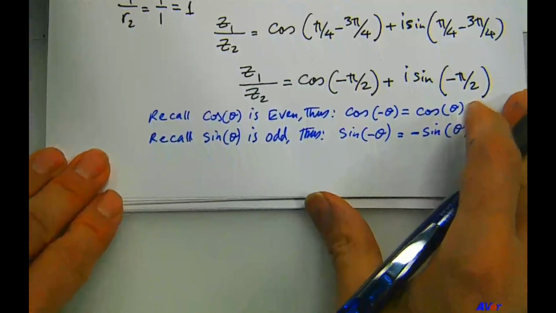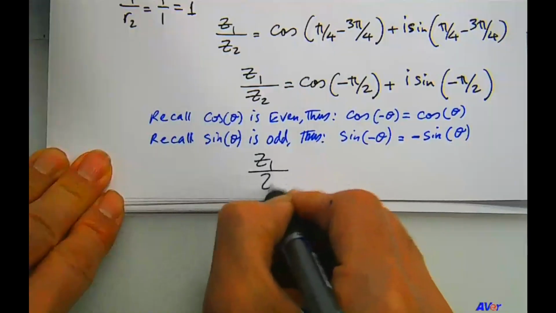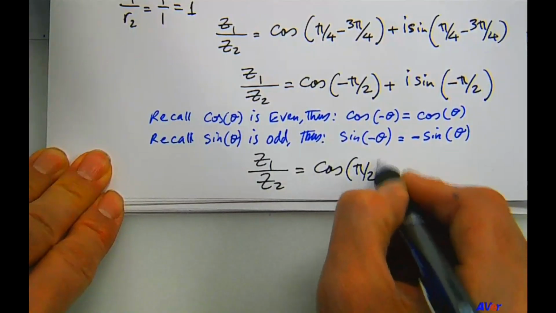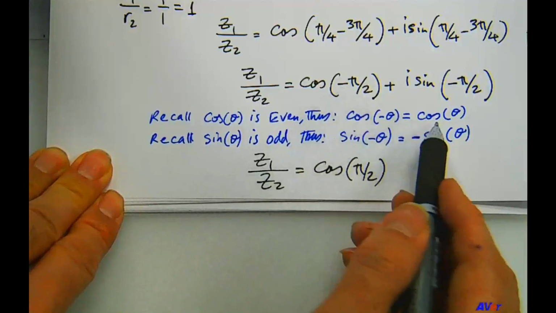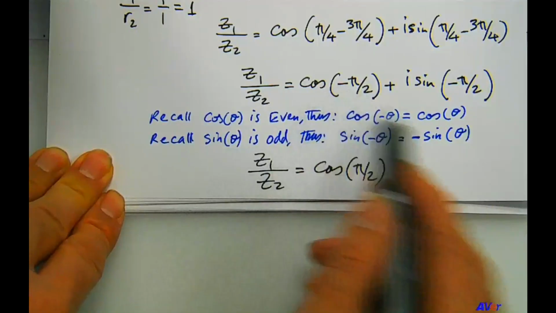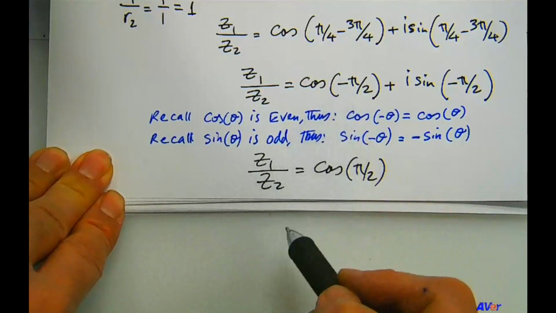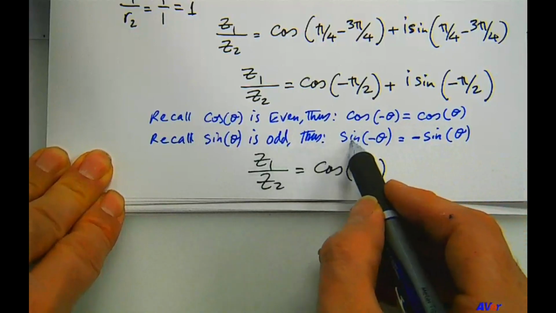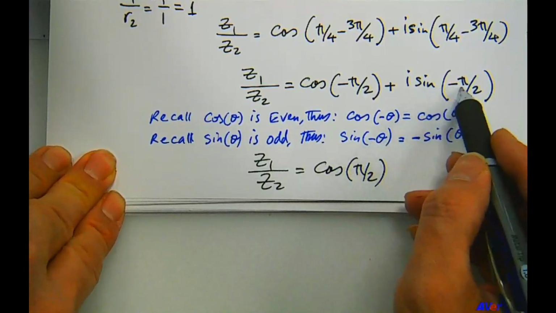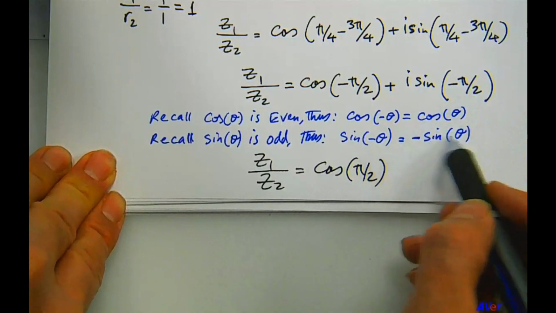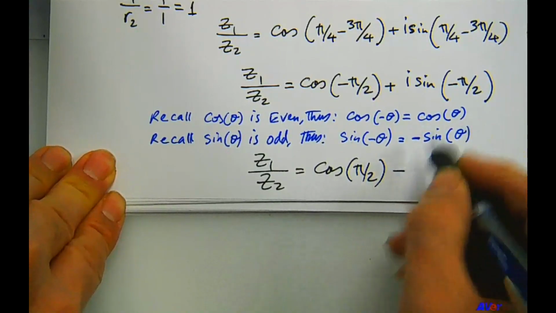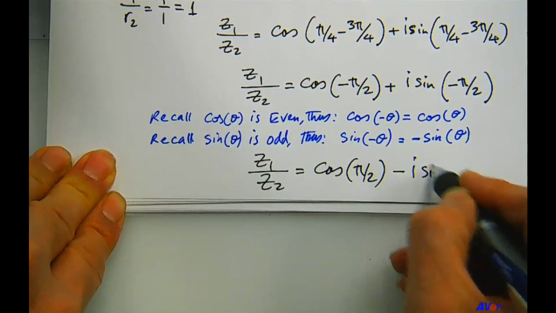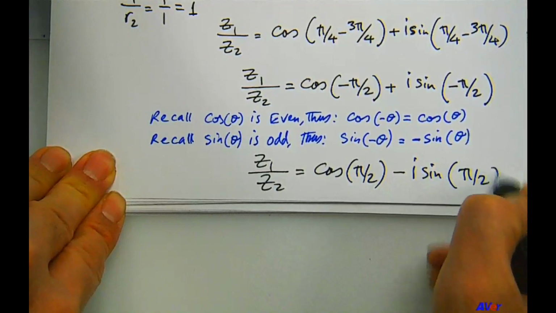So we're going to have z1 over z2 equals cosine of pi over 2, right? Because cosine of a negative number equals cosine of that same number in positive form. So that's what happened here. And then for the sine, because it's odd, sine of negative pi over 2 is equal to minus sine of pi over 2. So the positive becomes minus I sine of pi over 2.